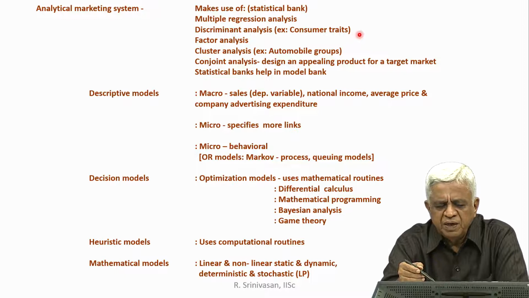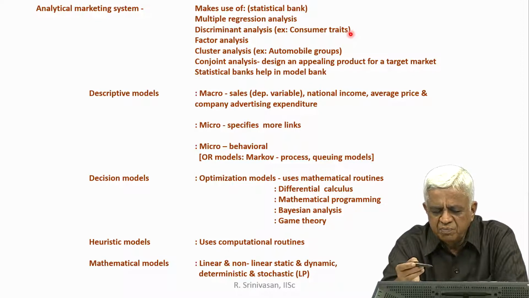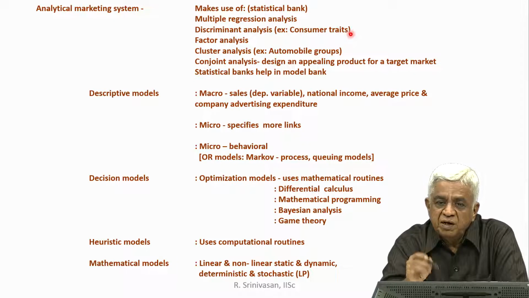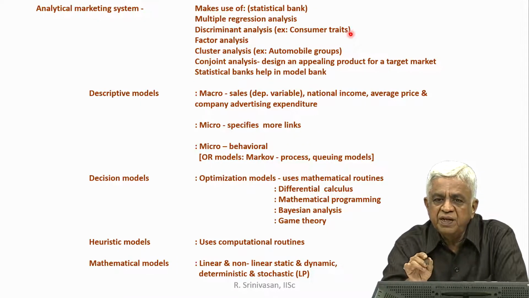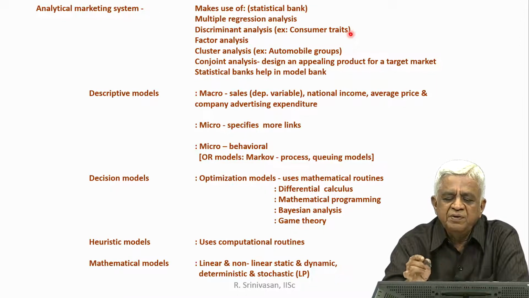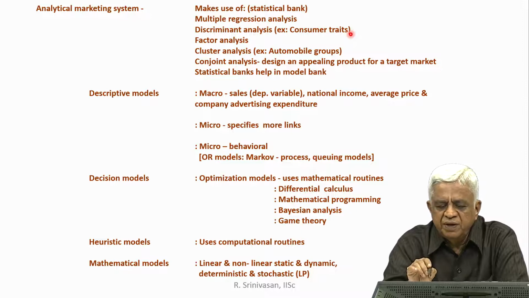What do we mean by multiple regression analysis? We are looking at, for example, the demand for a product in terms of different variables which are likely to influence demand. Take the demand for any product.